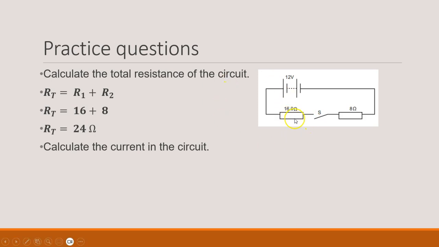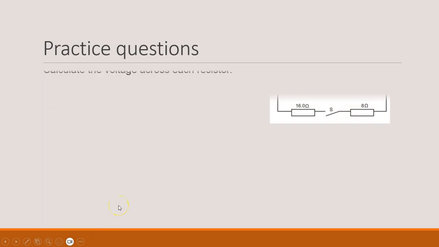Now we can calculate the current in the circuit because we've got the resistance and we've got the voltage. I is equal to V over R, which is 12 divided by 24, which is 0.5 amps. So wherever we place our ammeter, we will get a reading of 0.5 amps.